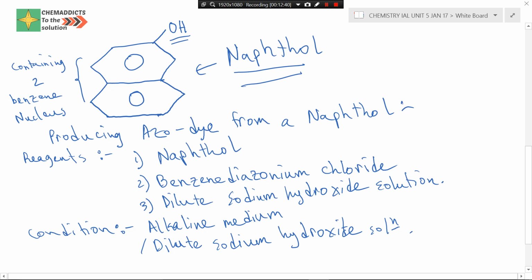Okay, so the reagents that are required to produce the azo dye are naphthol, benzene diazonium chloride, and dilute sodium hydroxide solution. Conditions are alkaline medium, dilute sodium hydroxide solution. Okay, all right.